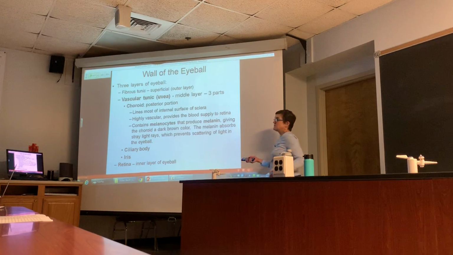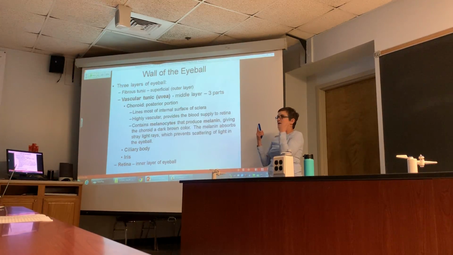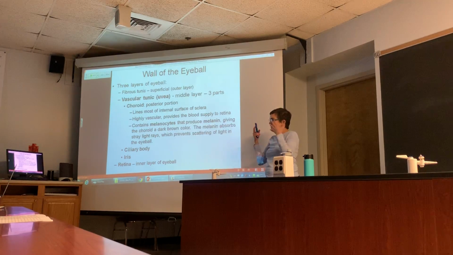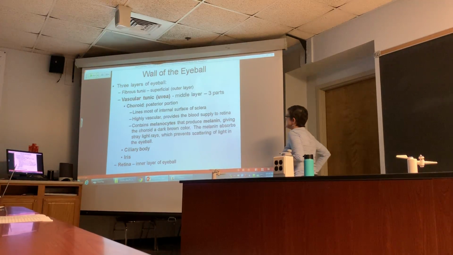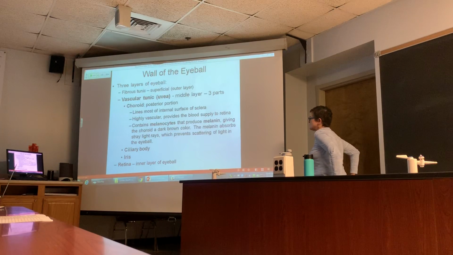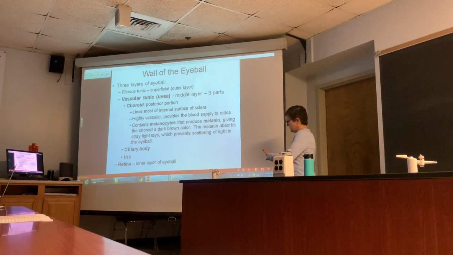This melanin helps absorb stray light rays, so you don't have light bouncing around inside your eyes, overstimulating your photoreceptors and creating too much glare and pain. So it helps in absorbing some of the stray light rays inside the eyeball. So it has a protective function.